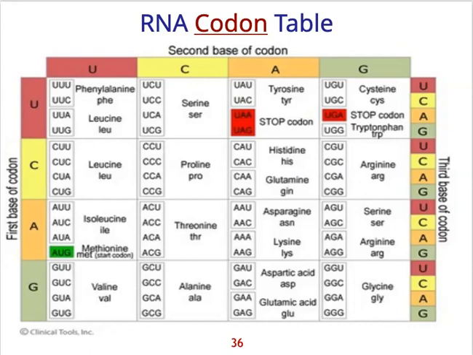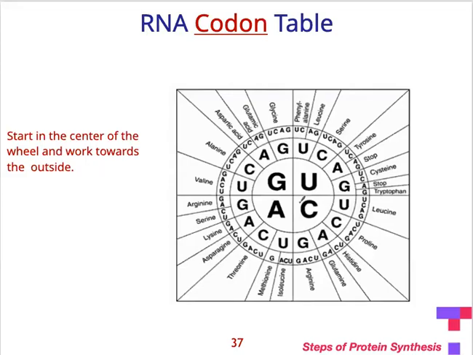And we'll do practice for this. This is just another form of the RNA codon table where you start at the center of the wheel and then work toward the outside.